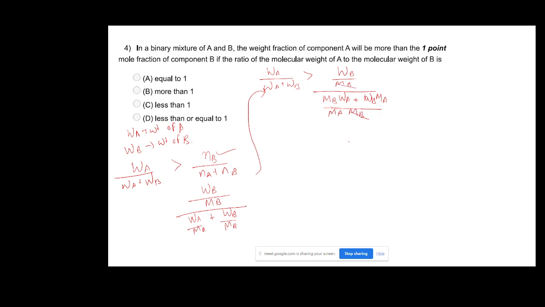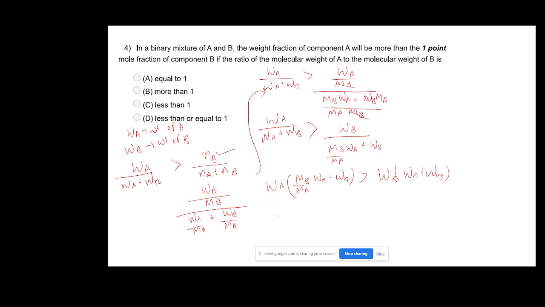Now MB gets cancelled out here, and if we simplify it, it will come out to be WB by MB by MA, WA plus WB. MA will get cancelled out. So this is the relation. Further, if we simplify, then WA into MB by MA, WA plus WB is greater than WB into WA plus WB.